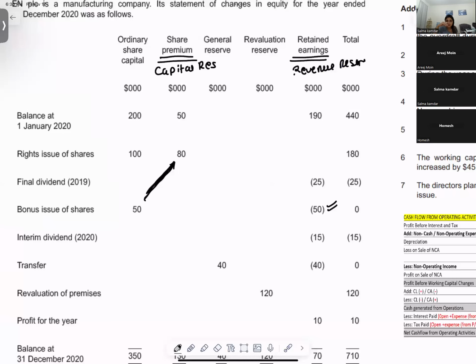If I am using up revenue reserves to give bonus, that means I am trying to reduce the amount that is available to me for payment of dividend. Just keep that in mind, okay?